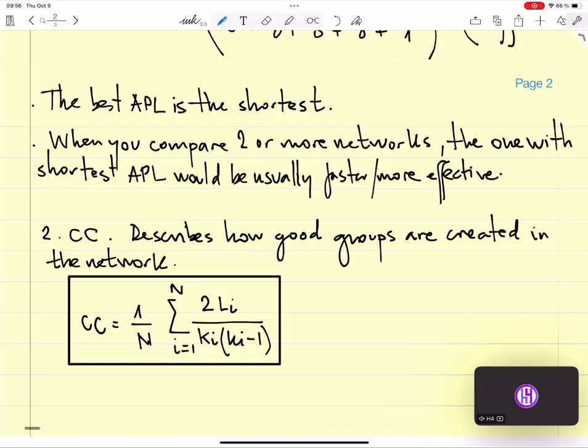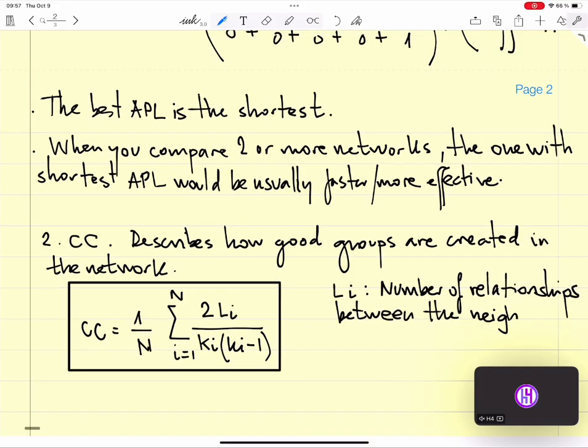L sub i is the number of relationships between the neighbors of node i.